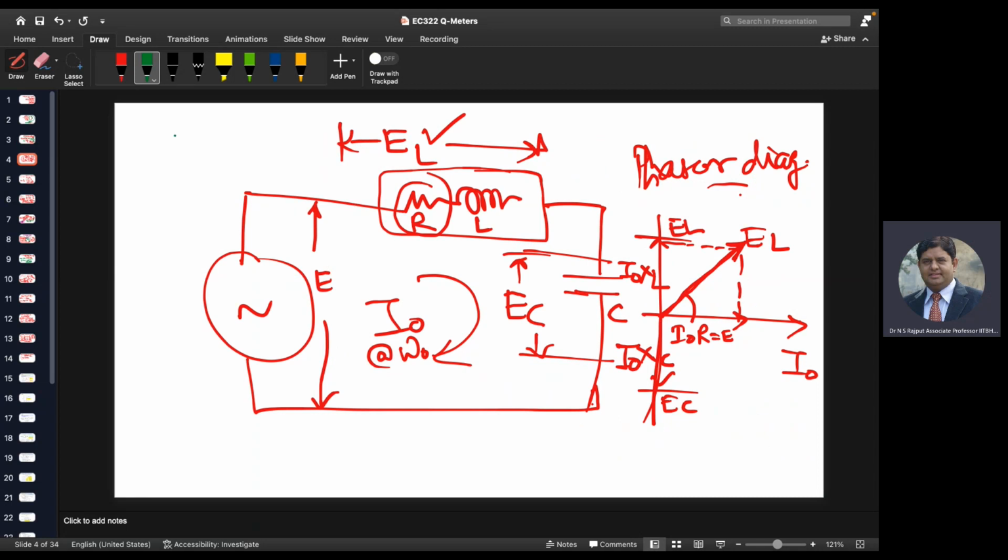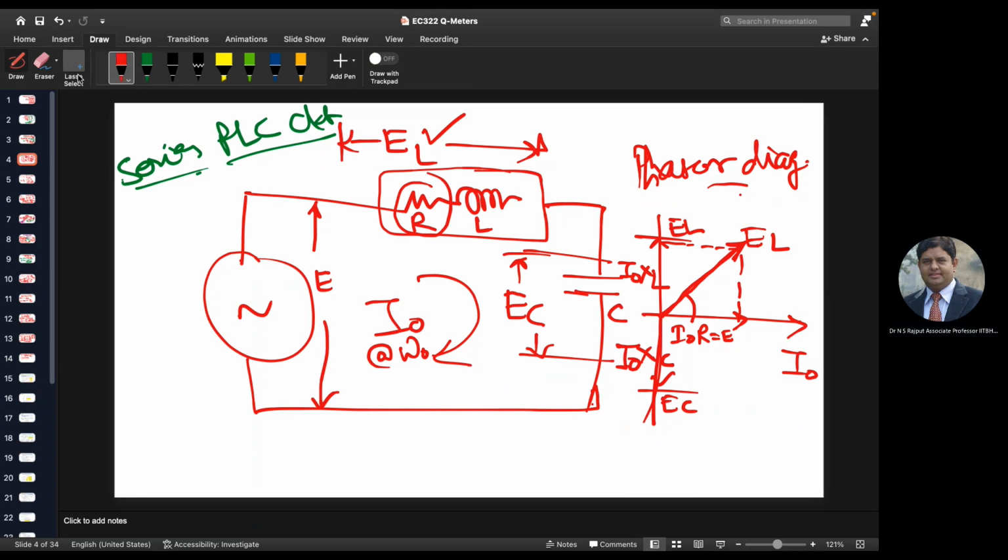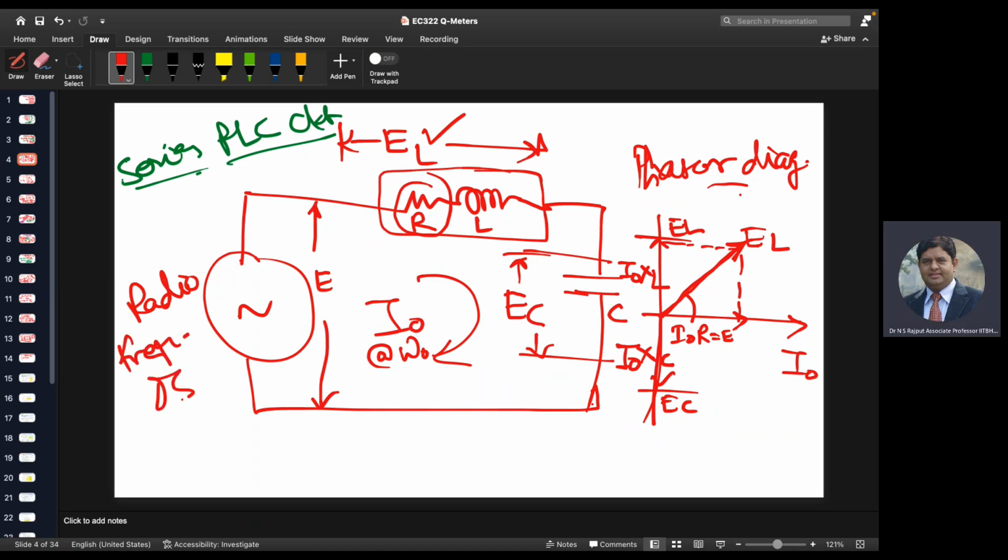So in general, if I talk about a series RLC circuit, then we have R and L in series with a capacitance C. This RLC circuit is powered by a radio frequency oscillator, right?